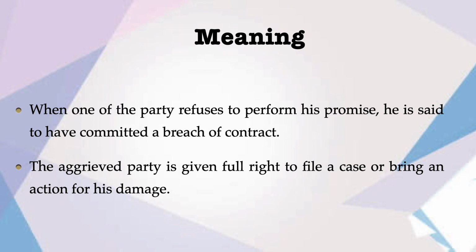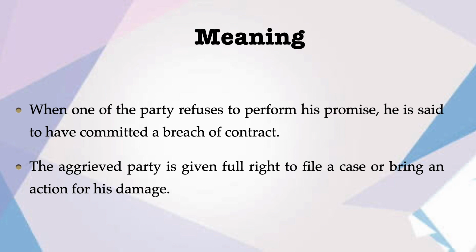When one party to the contract refuses to perform his promise, he is said to have committed a breach of contract. In simple terms, a breach of contract is when one of the parties to a contract refuses to perform what he has promised.